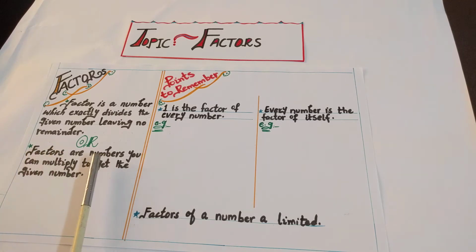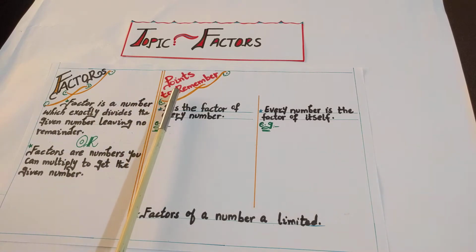Factors are the numbers you can multiply. When you multiply any two numbers to get the given number, then those two numbers which are multiplied are called factors. Clear? Now about factors, there are some points to remember.